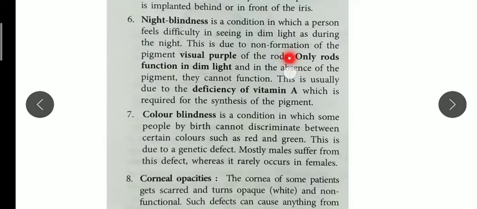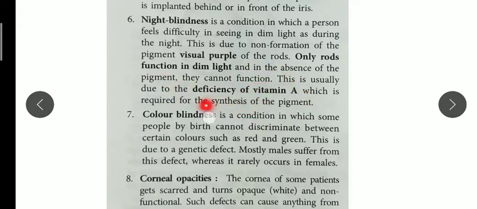So in this case, rod cells or this visual purple pigment, rhodopsin, is not working or not forming in our eyes. Due to the non-formation of rhodopsin pigment, people suffer from night blindness. We all know that only rods function in dim light, and in the absence of pigment they cannot function.